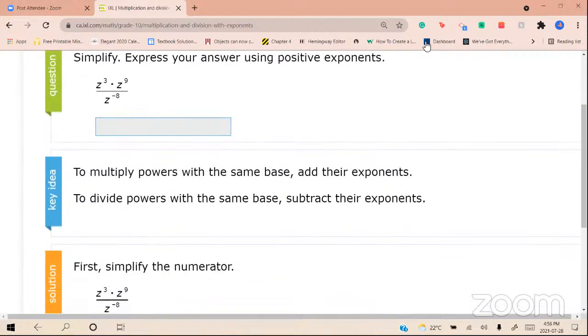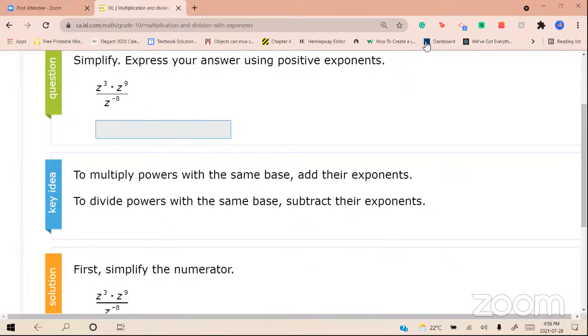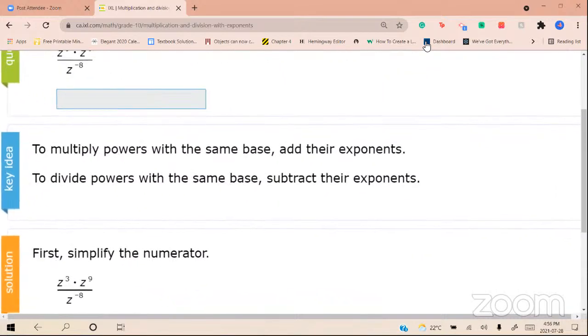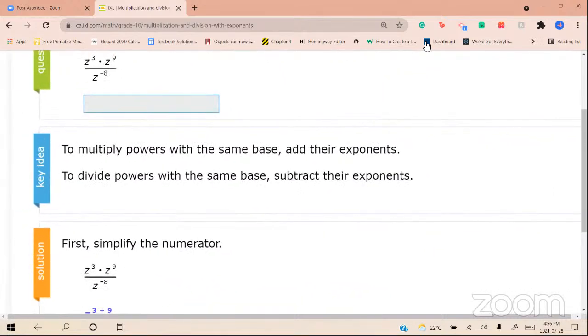Okay, Mahnur, were you here that day when we did exponents? No. A long time ago, I think. Yes. Yeah, I think you were there. Okay, so to multiply powers with the same base, you add their exponents, and to divide powers with the same base, you subtract their exponents.